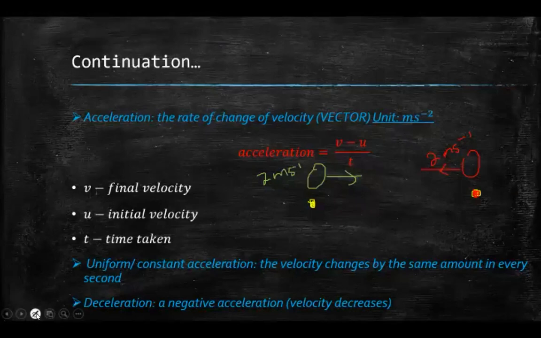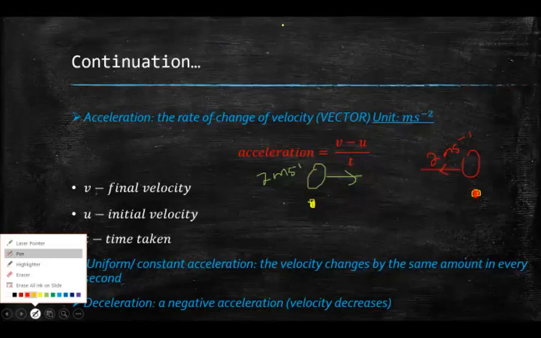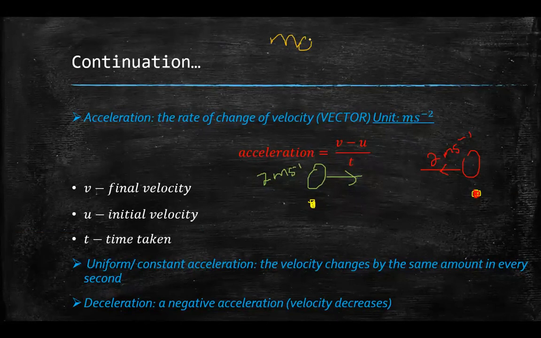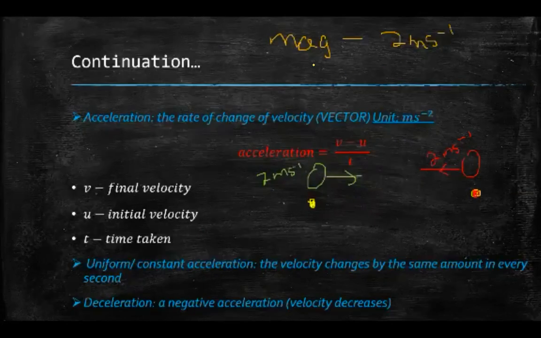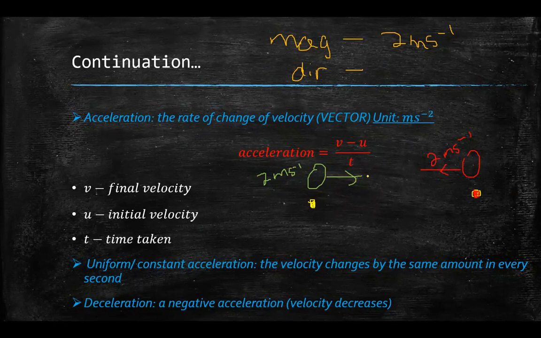So yes, my magnitude is 2 meters per second. But what happened to the direction? My magnitude stayed the same, so it's 2 on 2, but the direction changed. And because there's a change in direction, that means that I have a change in velocity. So remember, velocity is not just about the magnitude, it's also about the direction.